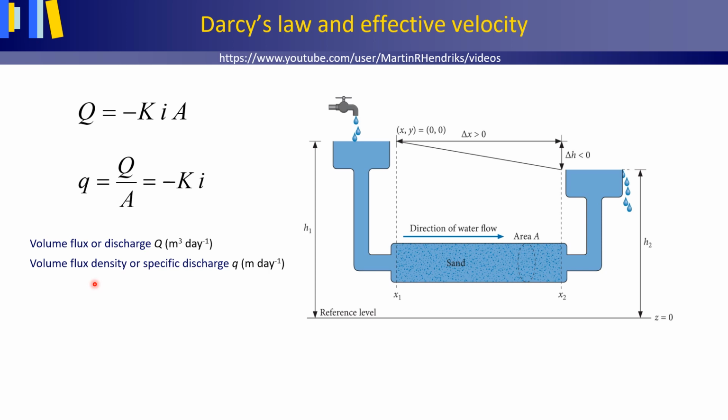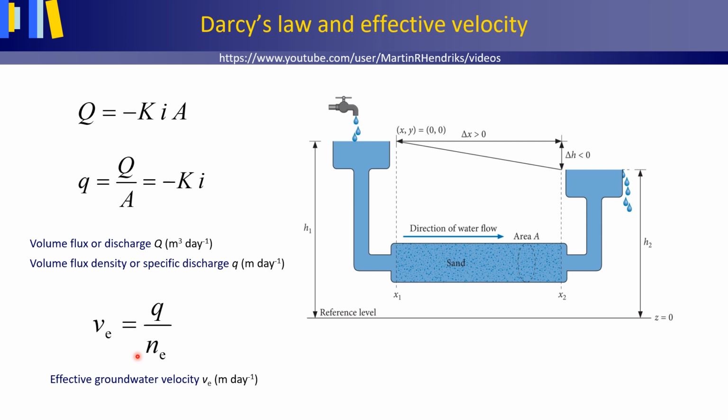If we want to know the true velocity of groundwater flowing from x1 to x2, of course, we need to know the porosity, actually the effective porosity. The porosity, usually indicated with small n, is defined as the maximum volume fraction of water in a porous material.